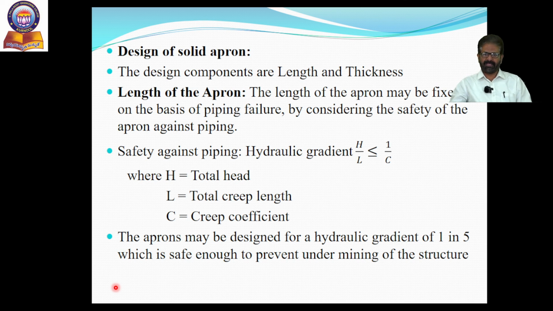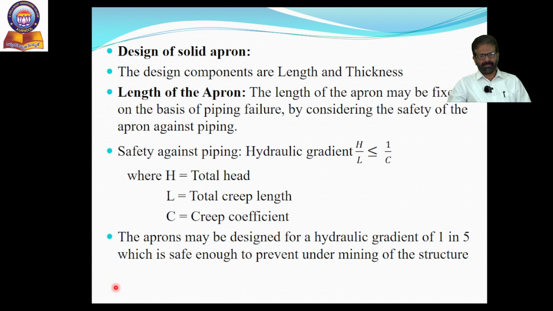So the hydraulic gradient H by L should be less than or equal to 1 by C, in which H is the total head causing the seepage, capital L is the total creep length, and capital C is the creep coefficient or coefficient of creep. So these are the three parameters involved in this condition. By considering this safety condition, we are going to fix the length of the apron.